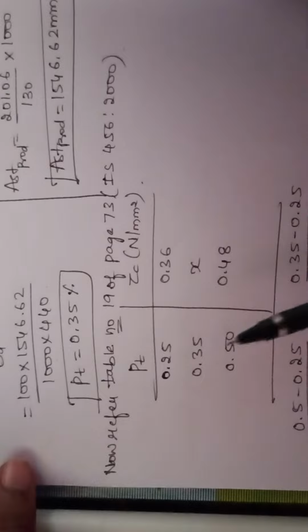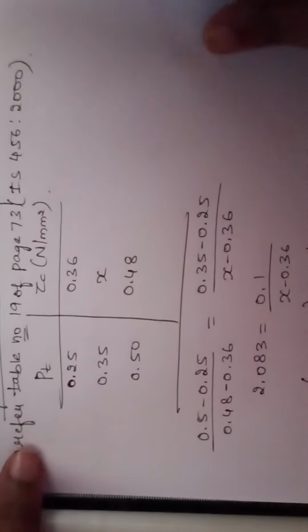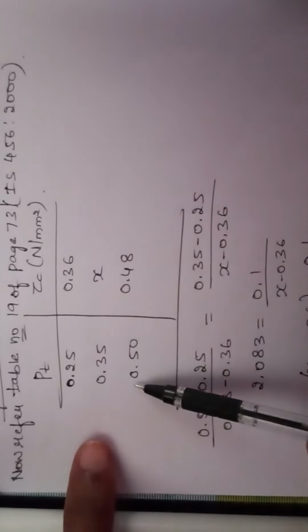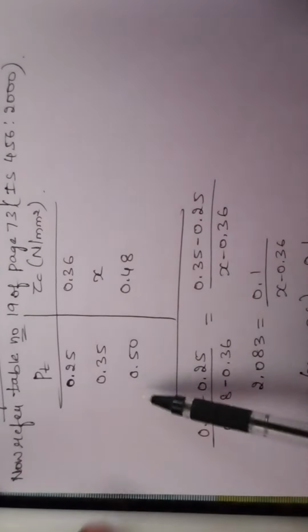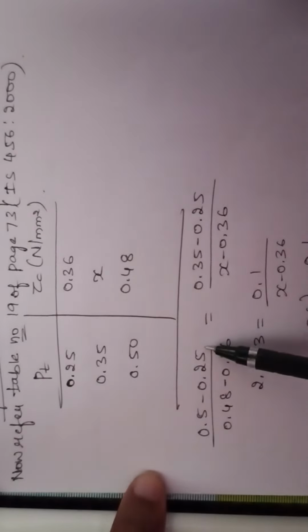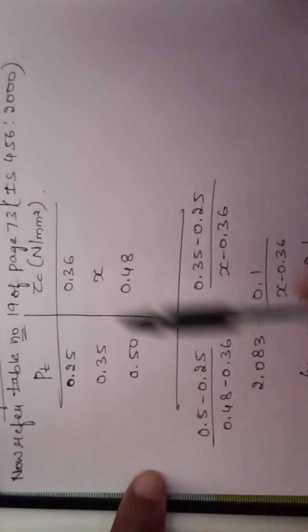Now let us start finding the unknown value X from the linear interpolation method. While doing the interpolation, I first consider the highest PT value minus the lowest PT value, then divide that by the highest tau C value minus the least tau C value.